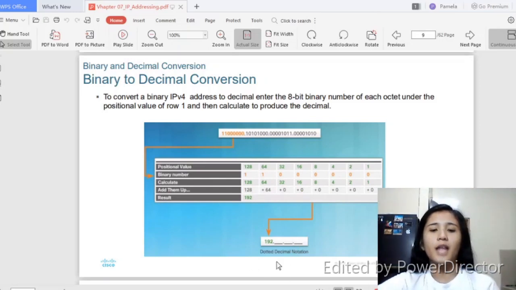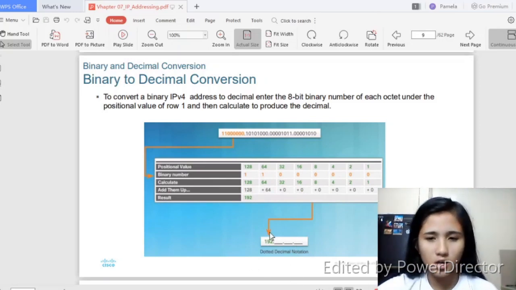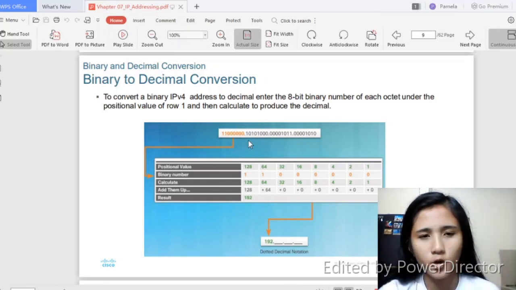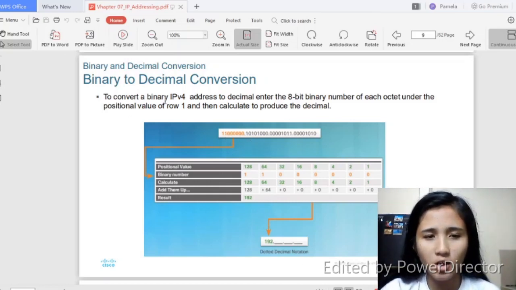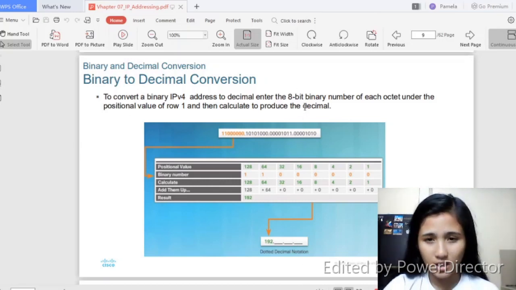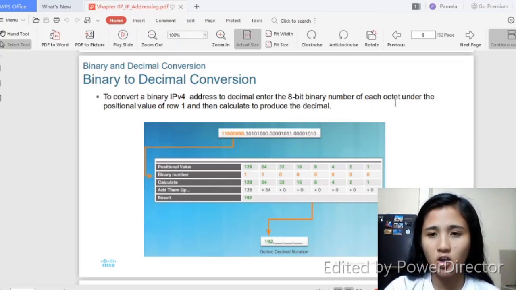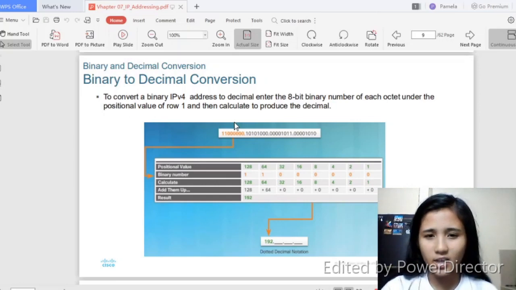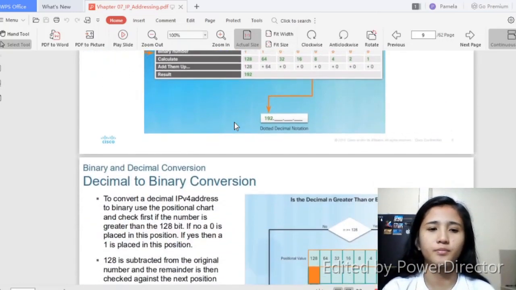So the dotted decimal notation is here. So this is the binary number. Then to convert a binary IPv4 address to decimal, enter the 8-bit binary number of each octet under the positional value of row 1 and then calculate to produce the decimal.